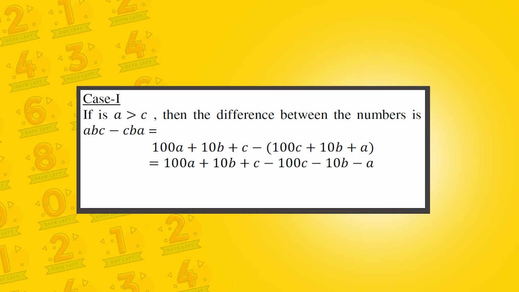That is equal to 100A plus 10B plus C minus 100C minus 10B minus A. That is equal to 99 times A minus 99 times C. By taking 99 as common, we get 99 times (A minus C).